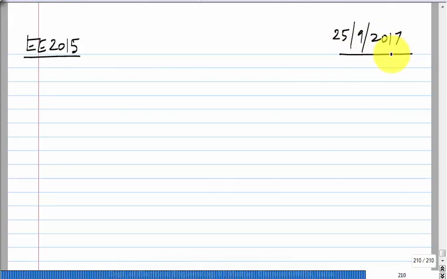We continue with our study of first order systems. Now, instead of constant inputs, we are looking at time varying inputs.